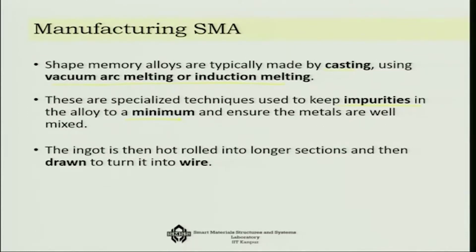Once you make this at a high temperature and mix it, you make the ingot, then you hot roll it into longer sections and finally you draw it into wire form. That is how we manufacture the SMA wire itself.